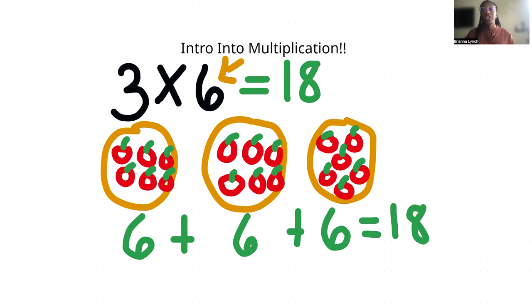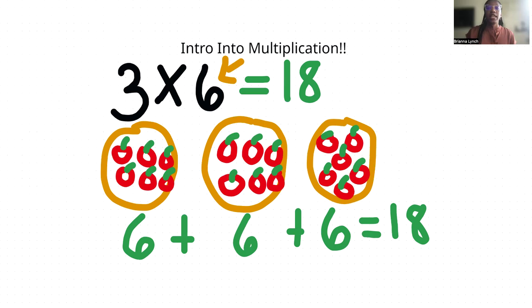So make sure that you practice every day with your flashcards. I even put flashcards in there so that way you can also create flashcards to help you memorize your multiplication facts. If you know how to add, then multiplying, it's not that hard. It's just an easier way to add. So instead of us saying, oh, let's just do 6 plus 6 plus 6, let's just say 3 times 6, 18. Super simple.